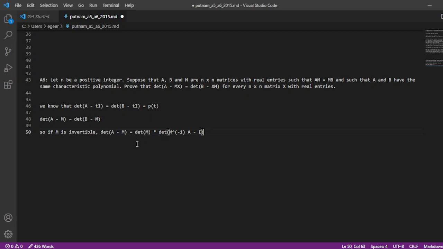We end up having to prove that M inverse A minus I and M inverse B minus I have the same determinant. And we should be able to get that. I mean, intuitively, you should be able to get that from the characteristic polynomial, but it doesn't seem straightforward to get it.